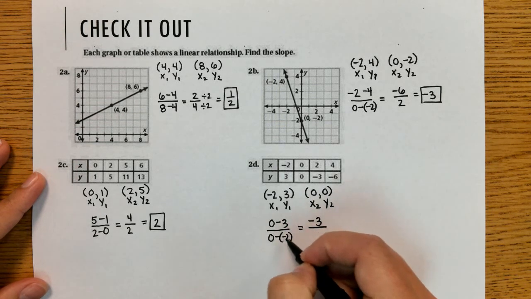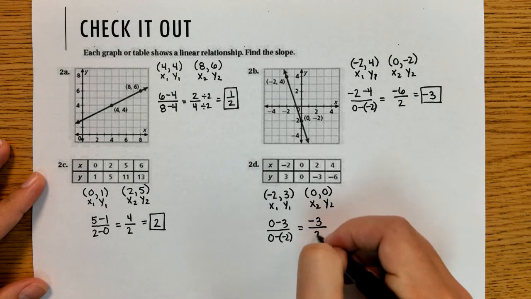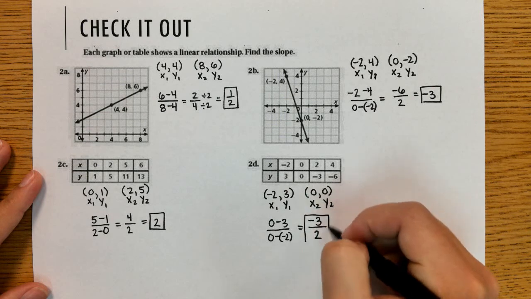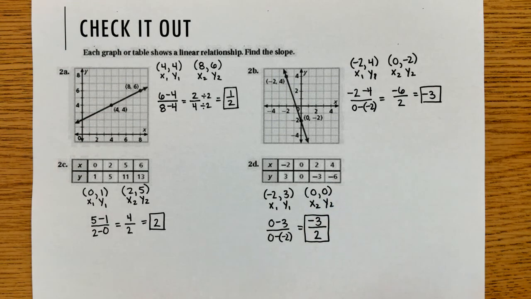And then subtracting a negative becomes adding a positive, so that's going to become 2. So our slope is -3 over 2. And whenever we write slope, we leave it as a fraction, even if it's an improper fraction. You don't need to change it to a mixed number here. Okay, so those are the answers for those 4 check it out problems.